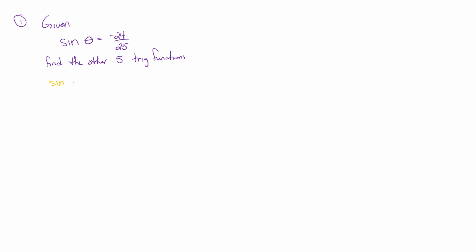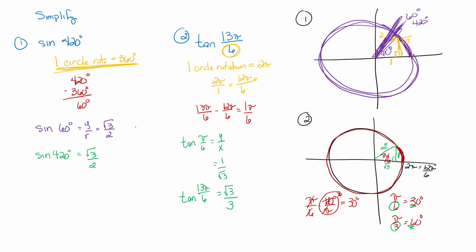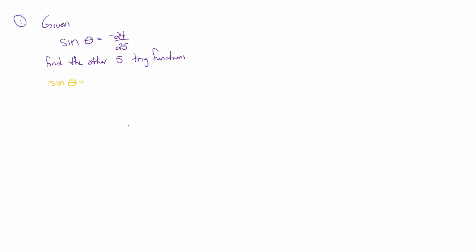Well, we know the sine of theta is equal to the opposite over the hypotenuse, right? Or if you're on the grid system, it is going to be y over r.